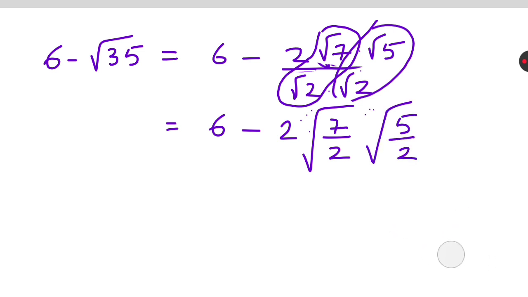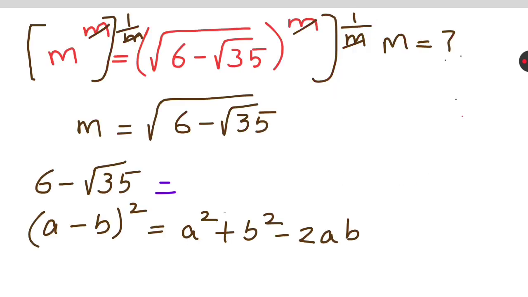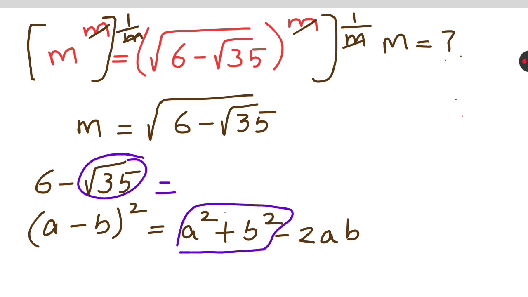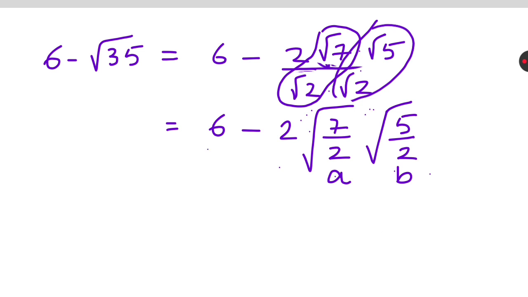Now observe here, we converted it in terms of the 2ab form. So this is our a and this is our b. But here we have a power 2 plus b power 2. This root 35 I converted in terms of 2ab, but we still have the 6 term. So for that, the 6 you need to convert in terms of a power 2 plus b power 2.